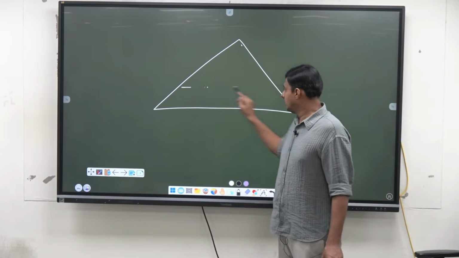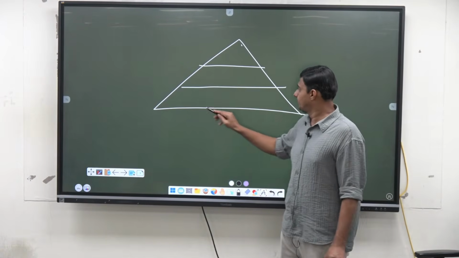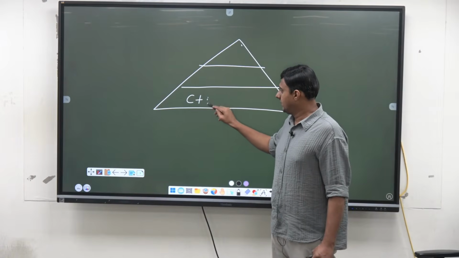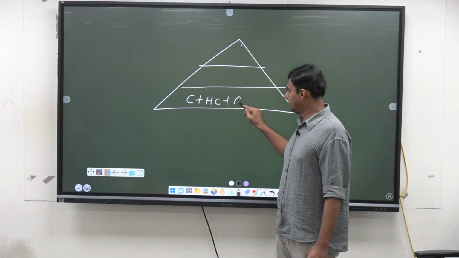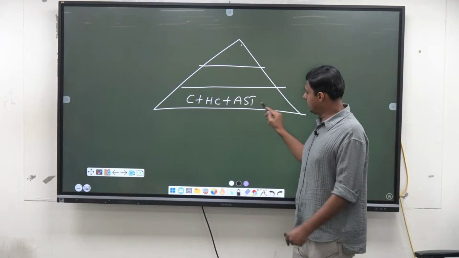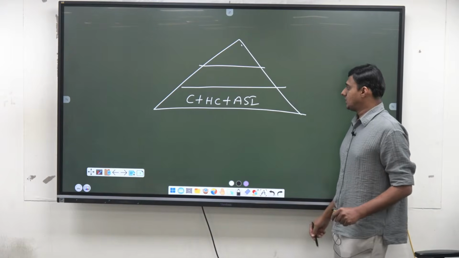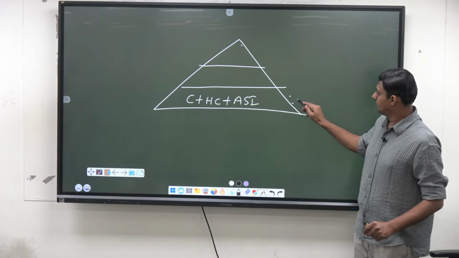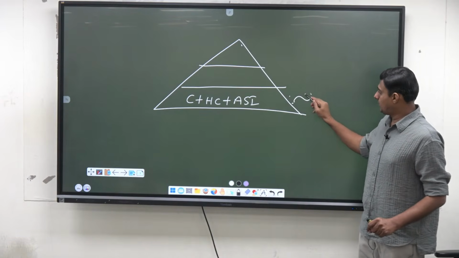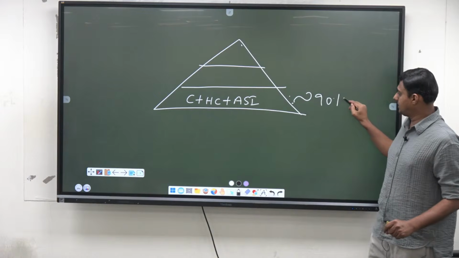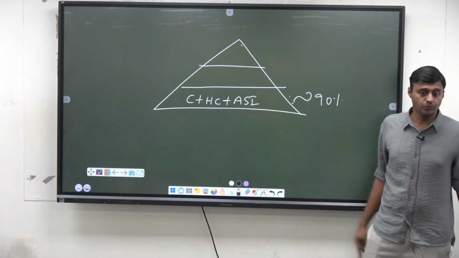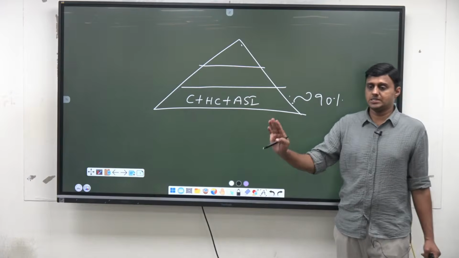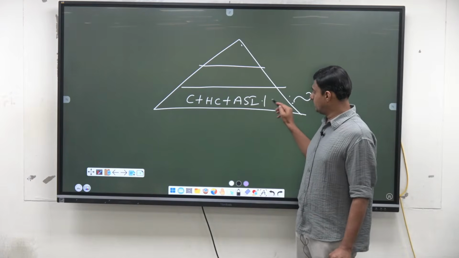Pyramidal means what? Just as an idea, I'm telling you. Constable, head constable, ASI, to an extent SI also. Approximately 88 to 90% is who? Constable, head constable, assistant sub-inspector. Maybe you can put inspector also.